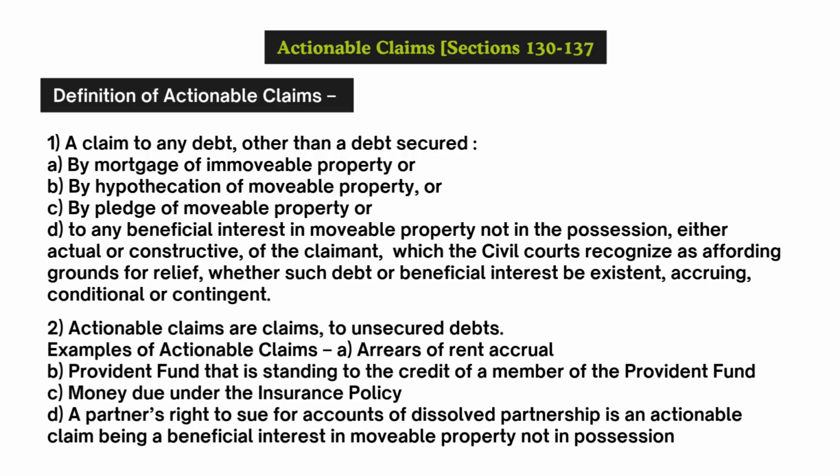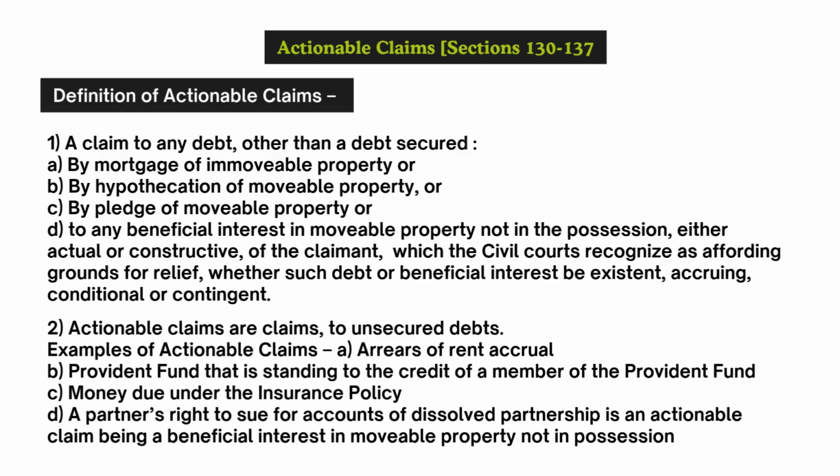A claim to any debt other than a debt secured by mortgage of immovable property or by hypothecation of movable property or by pledge of movable property, or to any beneficial interest in movable property not in the possession, either actual or constructive, of the claimant, which the civil courts recognize as affording grounds for relief, whether such debt or beneficial interest be existent, accruing, conditional, or contingent. 2. Actionable claims are claims to unsecured debts.